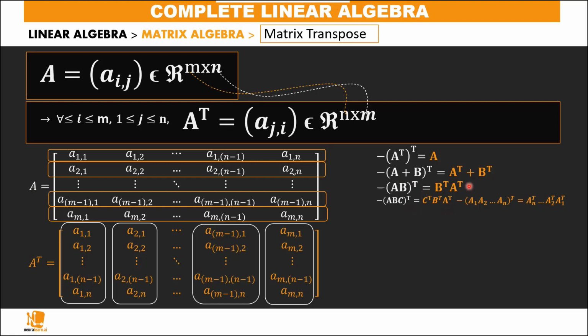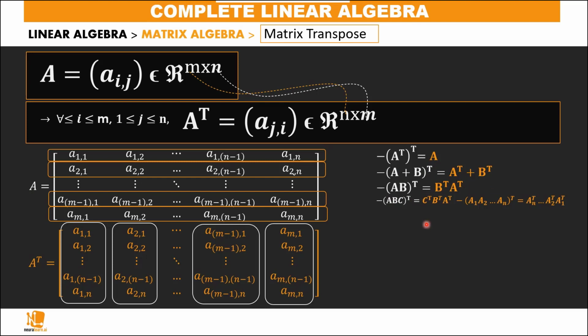Now, to generalize this property, the transpose of A1 times A2 times A3 to An is equal to the transpose of An times the transpose of An minus 1 to the transpose of A2 times the transpose of A1. These properties are very useful and shall be used in subsequent chapters.